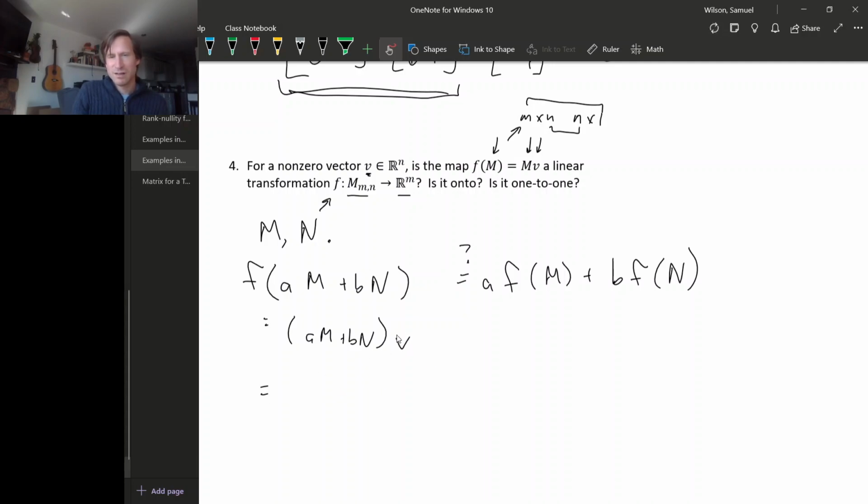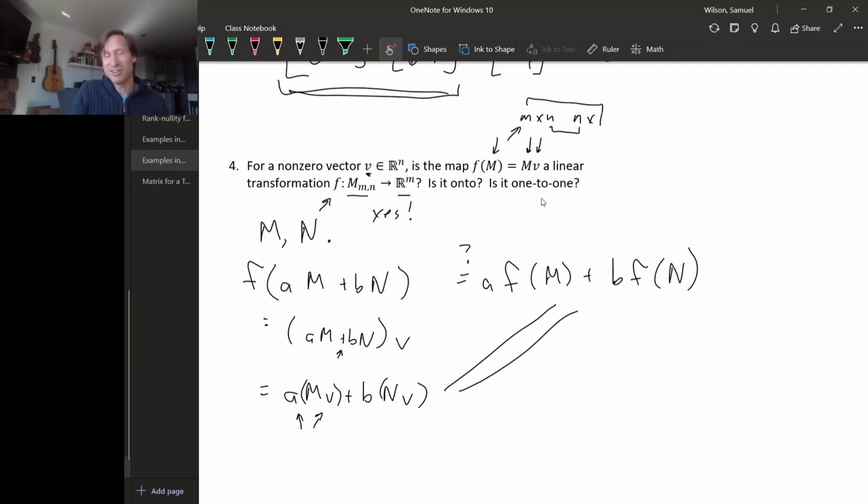But multiplying by a vector distributes over matrix addition. So this is aMv plus bNv. But matrix multiplication and scalar multiplication associate, so we can throw parentheses in here. But this is exactly what we were hoping it is. So this is a linear transformation, yes.